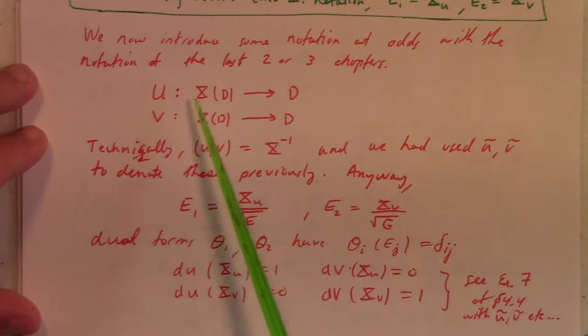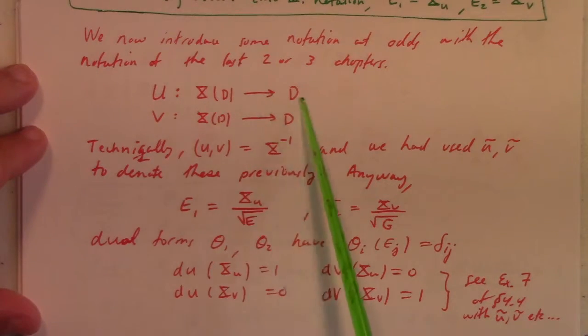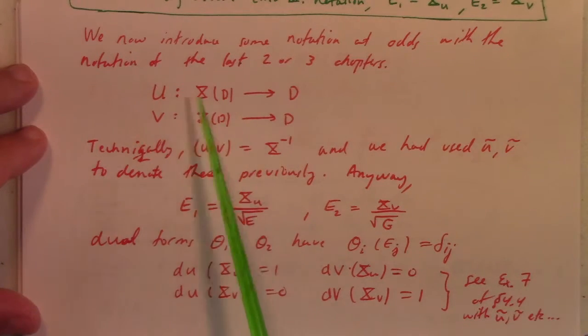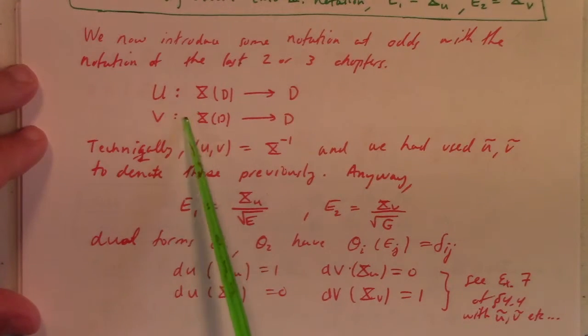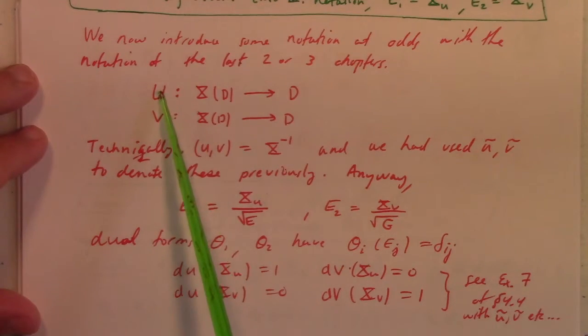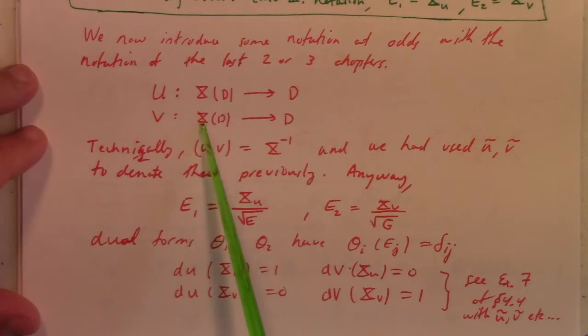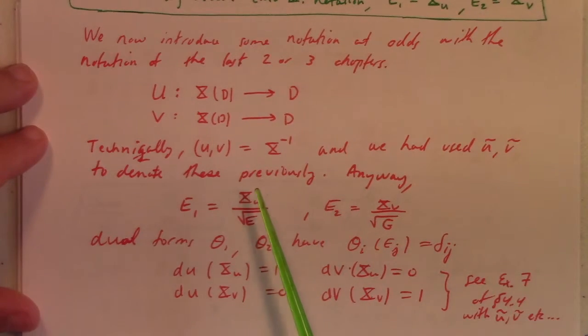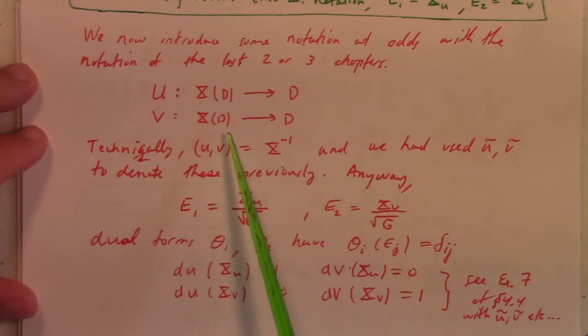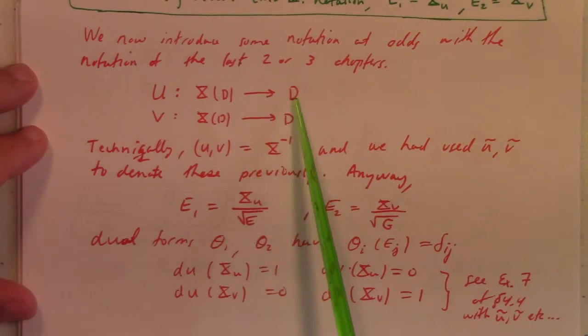If you think about it, u is a function from R3 to R2, and v is a function from R3 to R2. Well, that's a viewpoint we can take. You might think, well, u and v were just variables in R2, and now you're saying they're functions from R3 to R2. Exactly. I'm saying u and v are component functions of a chart, a mapping from R3 back to R2.